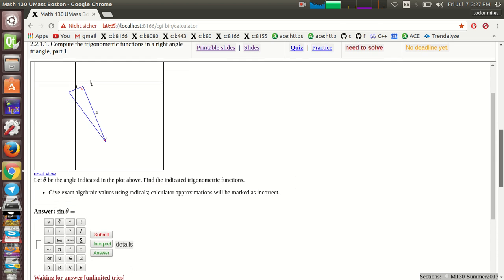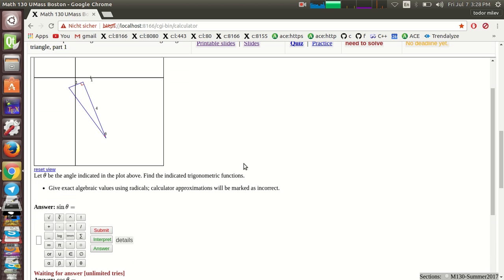Of course, the problem asks us to do the same thing as what is on the slides, but let's make sure by reading the problem. Let theta be the angle indicated in the plot above, so with this angle theta. Let's find all the 6 trigonometric functions from that angle theta. So first, let's start with sine of theta. Now, before we start with sine of theta, just as in our lecture slides, we need to find the hypotenuse.